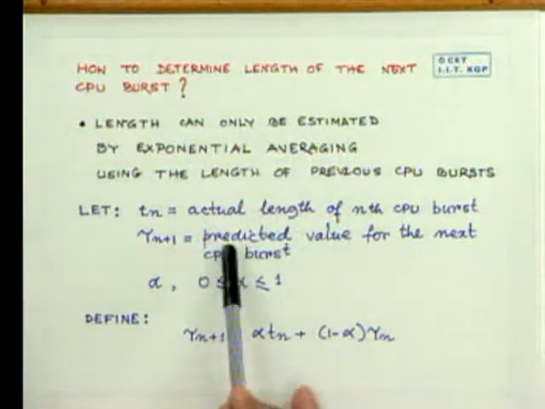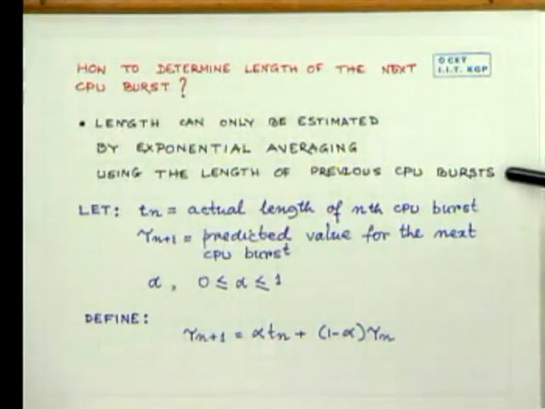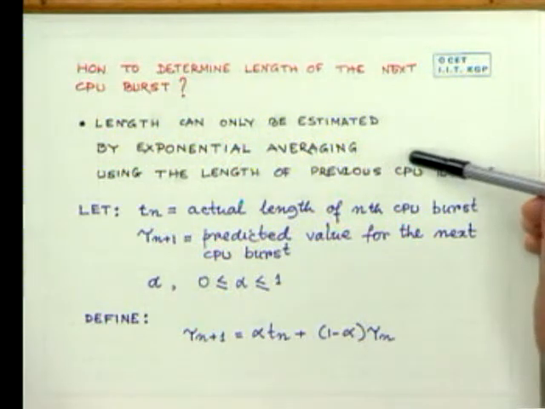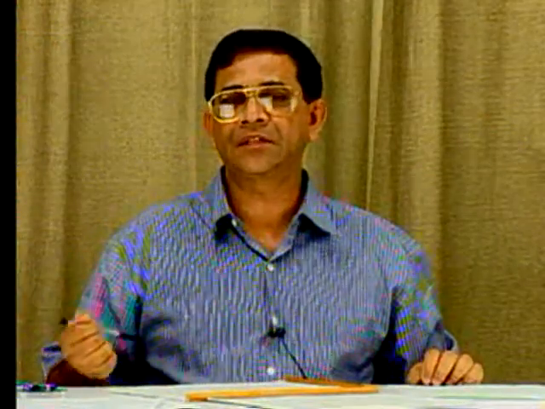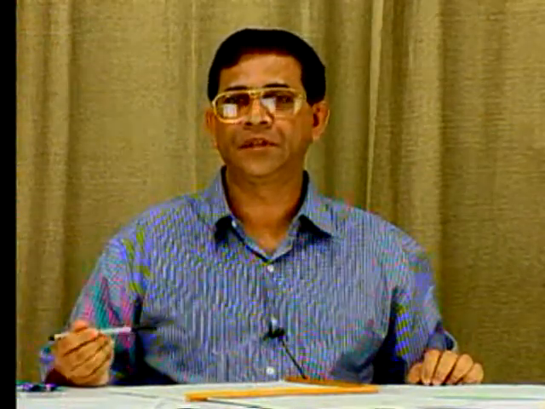Using the length of previous CPU bursts, the history of the CPU burst is kept track of, and depending upon that history, the next CPU burst is predicted.